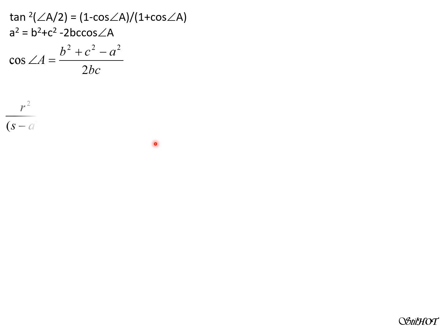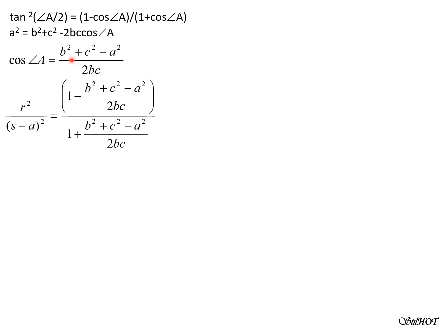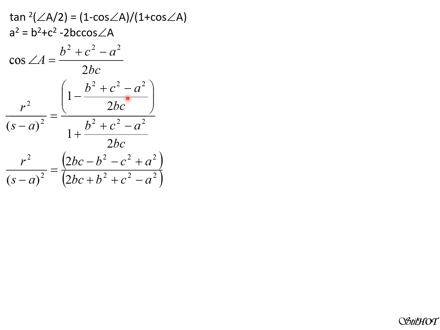So r squared over (s minus a) squared equals 1 minus quantity b squared plus c squared minus a squared over 2bc all over 1 plus quantity b squared plus c squared minus a squared over 2bc. Simplifying, r squared over (s minus a) squared equals 2bc minus b squared minus c squared plus a squared all over 2bc plus b squared plus c squared minus a squared.